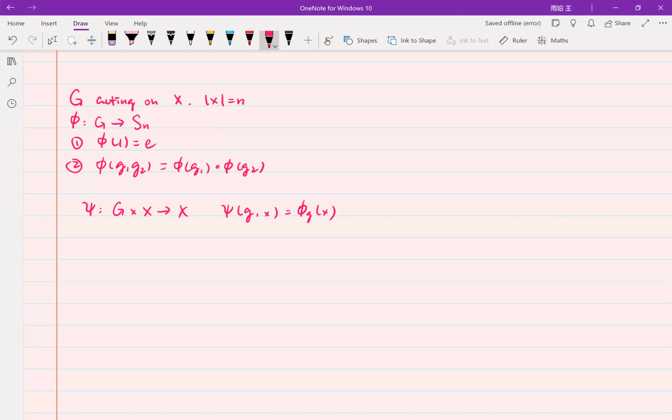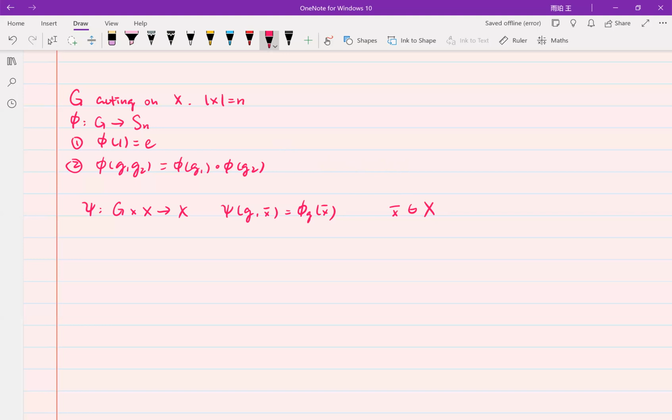So it's simply how the element g in the group G permutes a single element x in the set X. I'm going to label the element as x bar so that you know it's an element in X, not the entire set X. Okay.